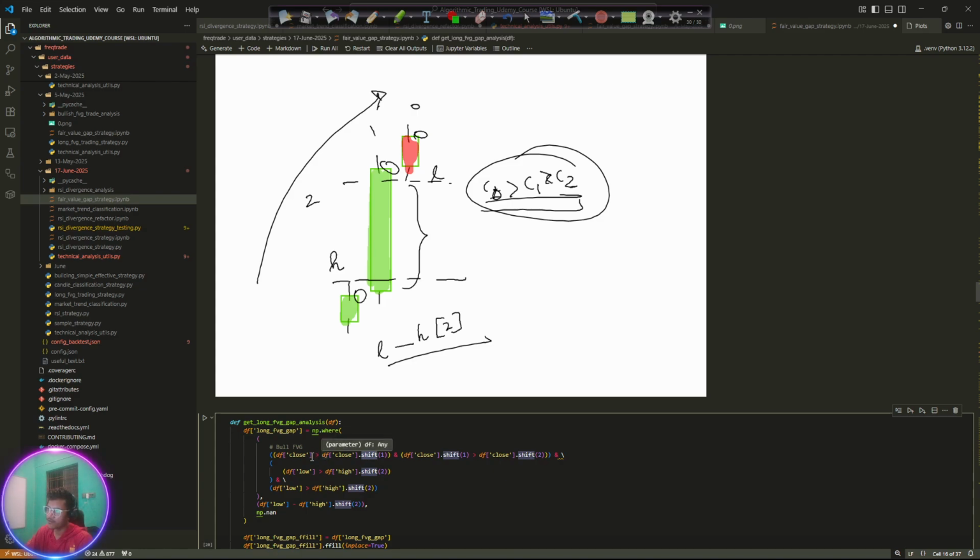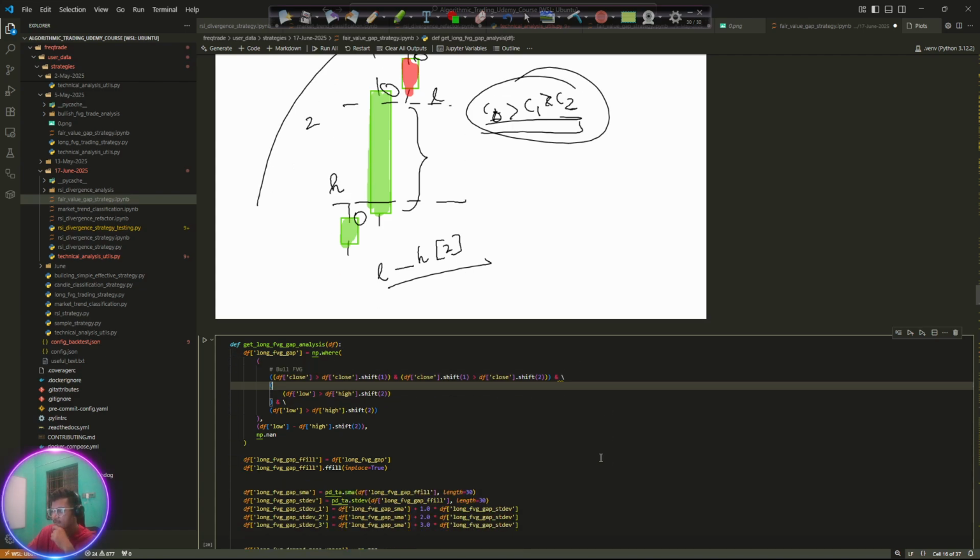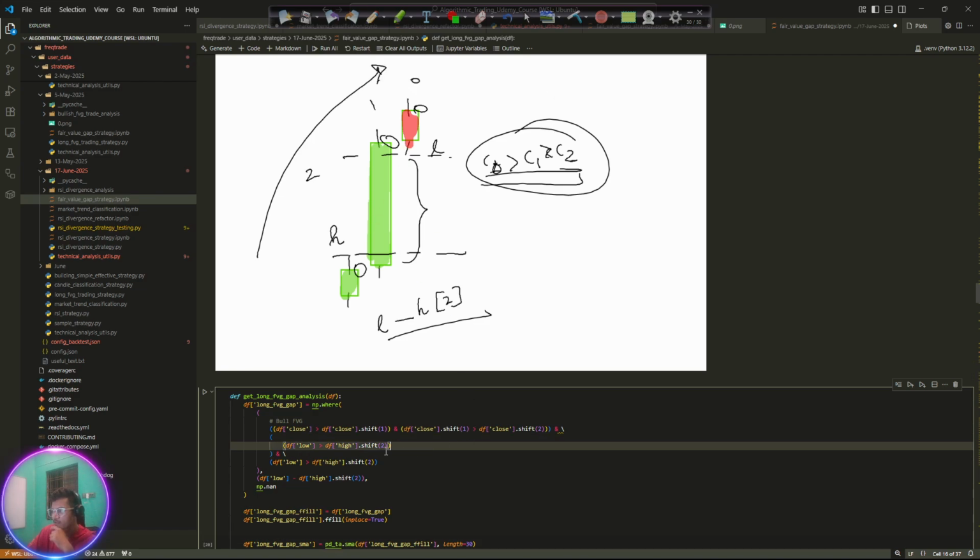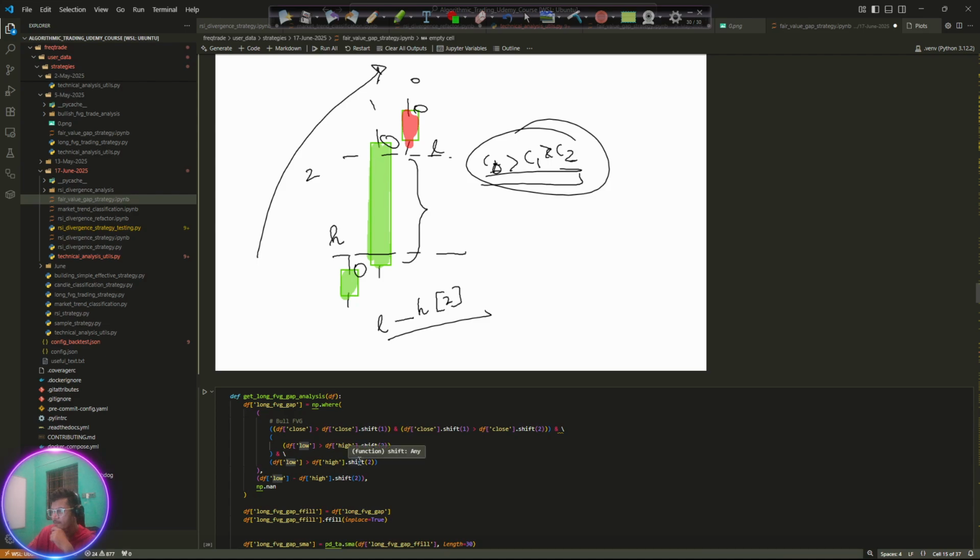That's for full, hang on, full FVG. Current close is greater than previous close, and the previous close is greater than that. Okay, so this is only getting the FVG for the green one. Okay, yeah, yeah. Current low is greater than previous high.